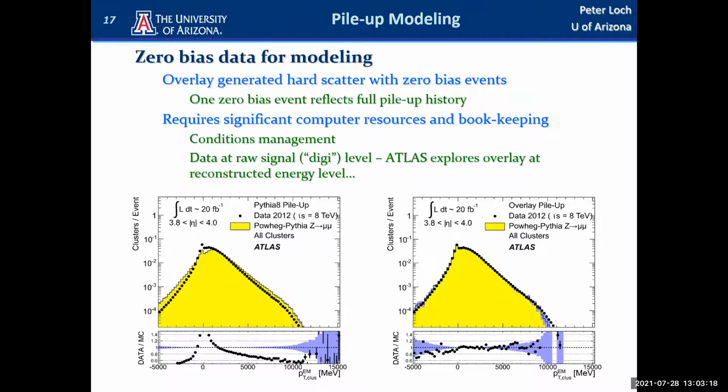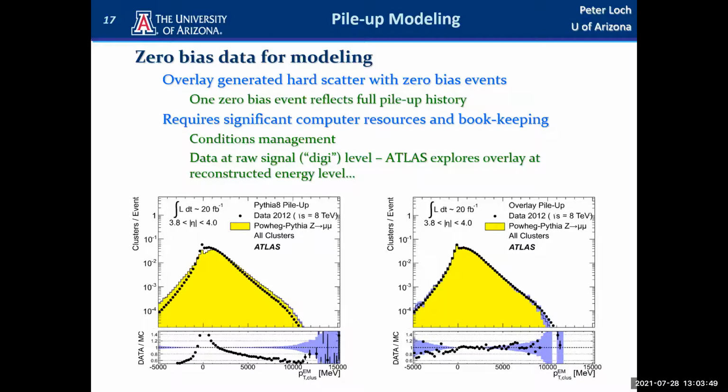And if you model this, you see that the yellow distribution from the already tuned Pythia Monte Carlo does not really represent the shape very well. If you take the same generated final state, which is just the Z production with 2 muons as a decay product, and do this overlay with the data, you see that you can get the shape of the distribution very well, actually.